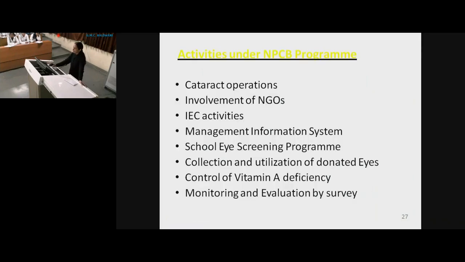What are the activities which have to be covered under this program? Cataract operation, involvement of NGO, IEC activity, information, education, communication, management information system, MIS, school eye screening program, collection and utilization of donated eyes, control of vitamin A deficiency, monitoring and evaluation by conducting regular and periodic surveys.